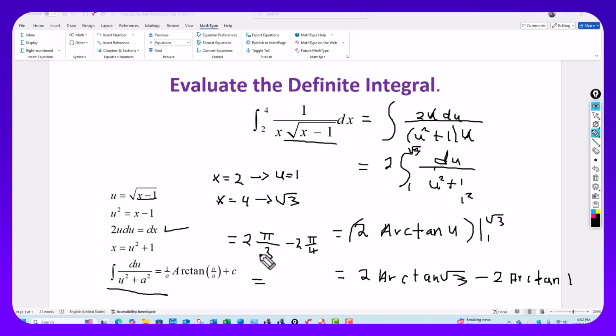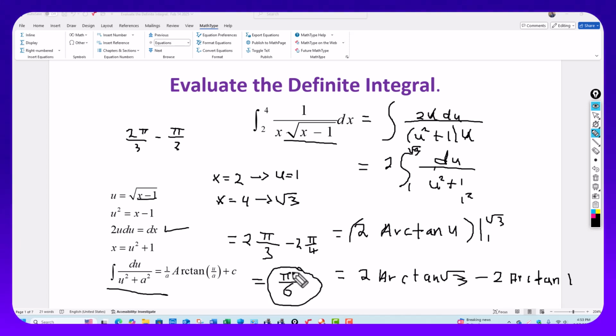So then this is equal to 2 pi over 3, and this becomes minus pi over 2. You can multiply here by 2 to get 4 pi over 6, and this one by 3 to get 3 pi over 6. And this comes out to pi over 6. That's in radians.